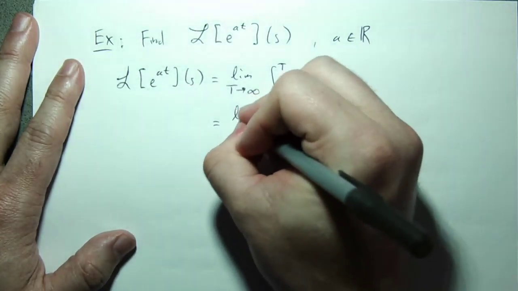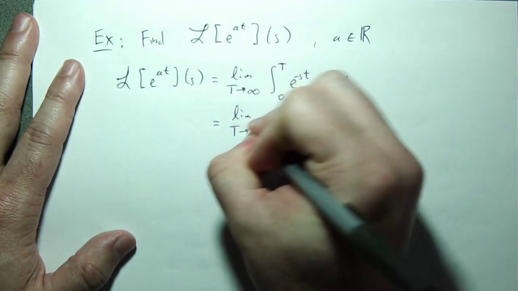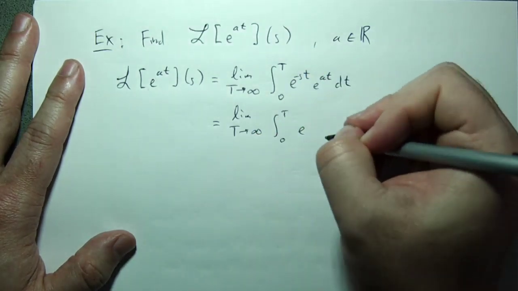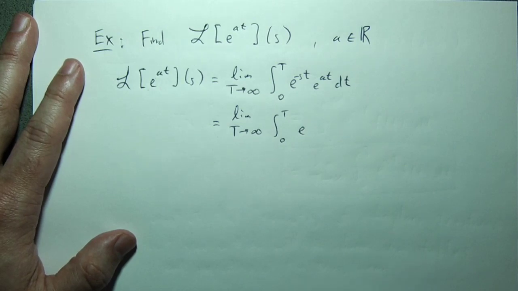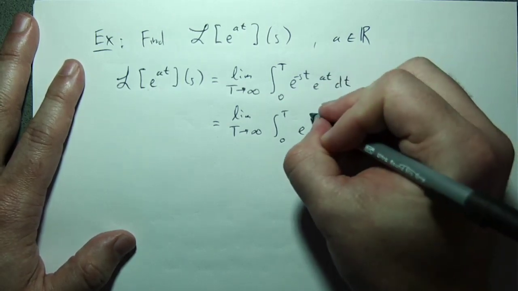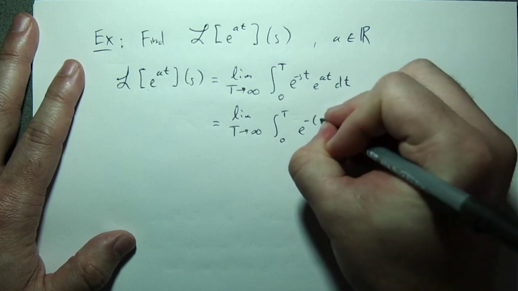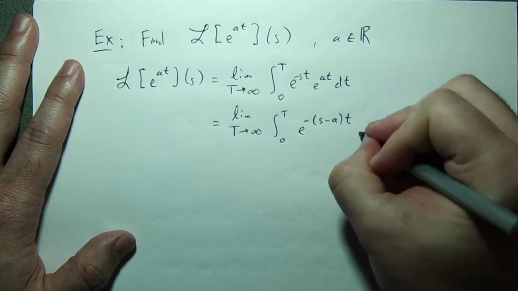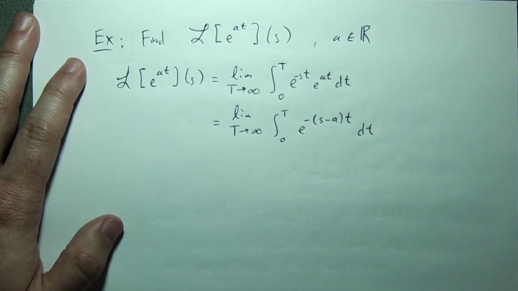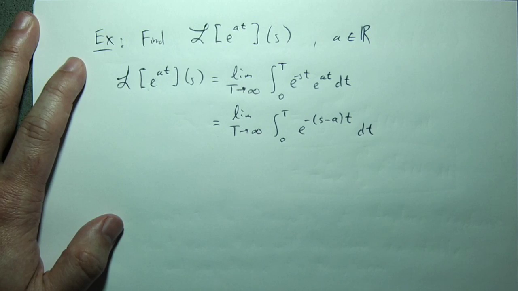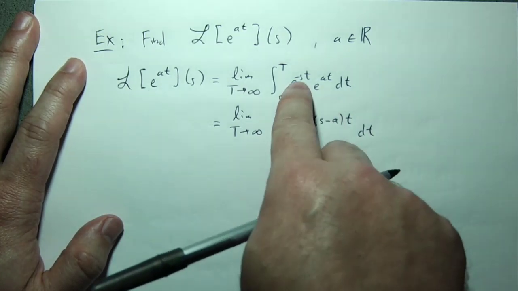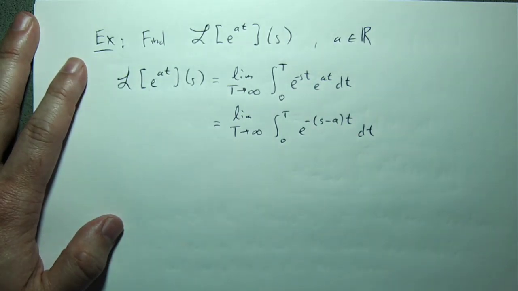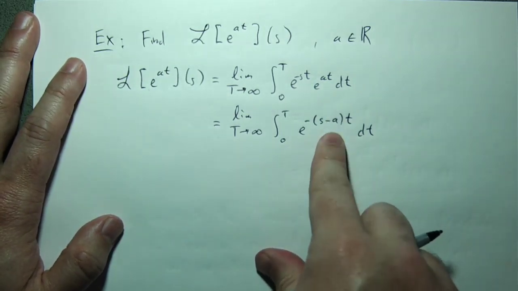This is the limit as big T goes to infinity of the integral from 0 to big T of e to the minus (s minus a) times t dt. Just quickly check that: this is e to the minus st plus at. So I'm writing it like this, and you'll see why.